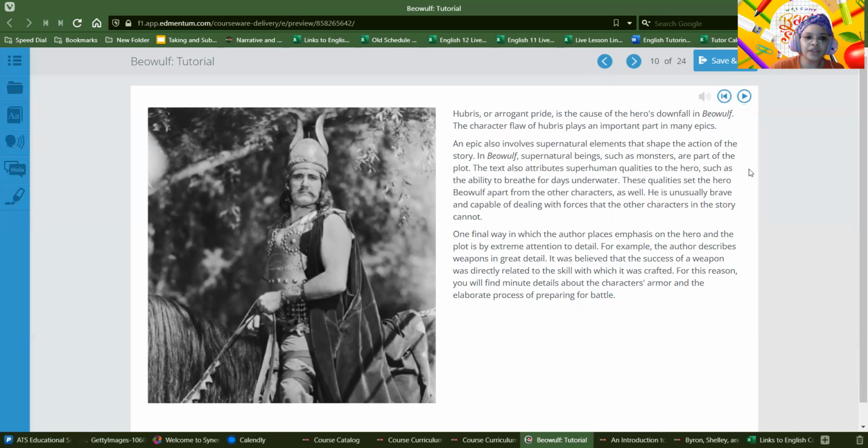And then here in this middle paragraph, they go over the supernatural elements of the story that I mentioned earlier. So epics usually have magic, monsters, and superhuman qualities. We're supposed to believe that Beowulf is the best human that exists, but he can do other things that humans could never do, like breathing for days underwater. Being just unusually brave. Normally, if you're fighting a monster, you have to fight against the human instinct to run or hide or something like that.